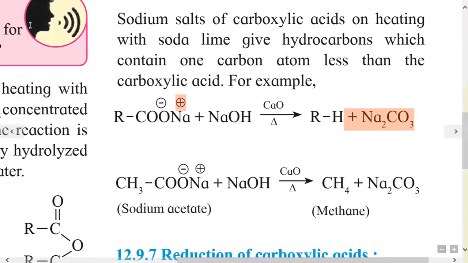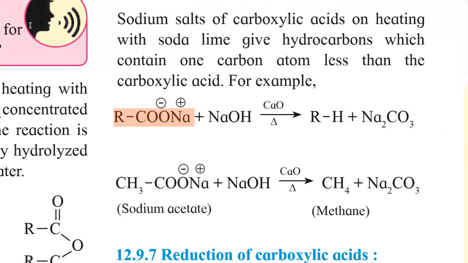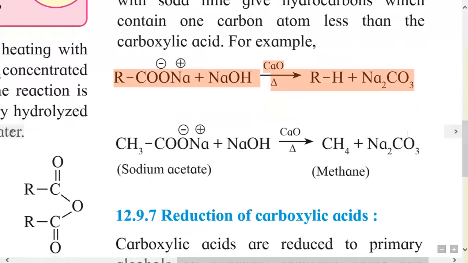The equation is: RCOONa, a sodium salt of carboxylic acid, reacts with NaOH and CaO. When this mixture is heated, we get RH, and the side product is sodium carbonate, Na2CO3. This is the general equation.